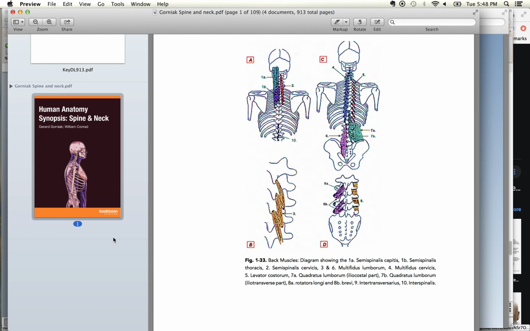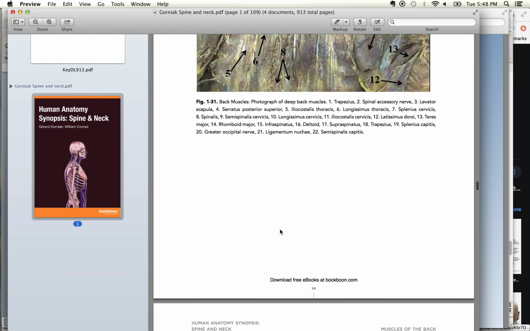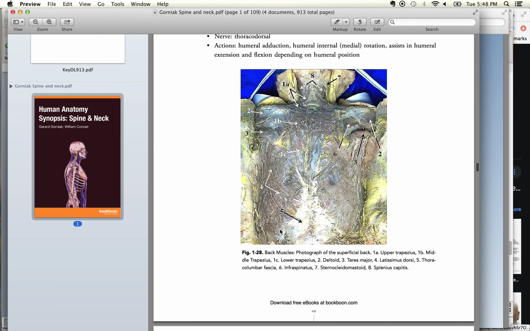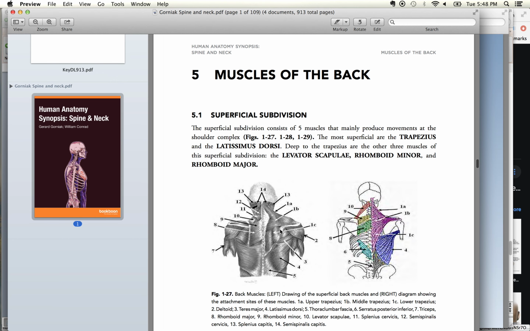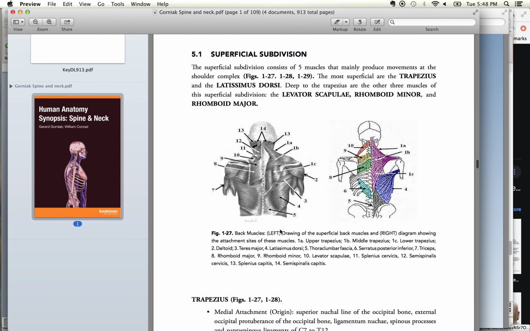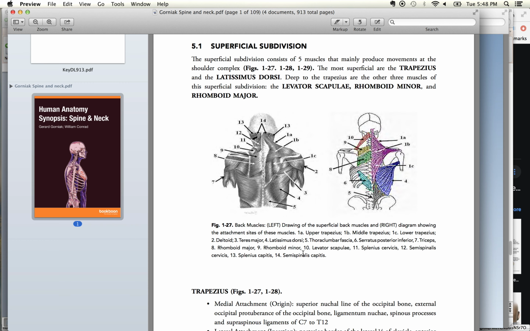Okay, if I pull up a picture here of the superficial back muscles, you can see levator scapula, where are we at here? Levator scapula, number 10. So this orange muscle right here, and that attaches right there.